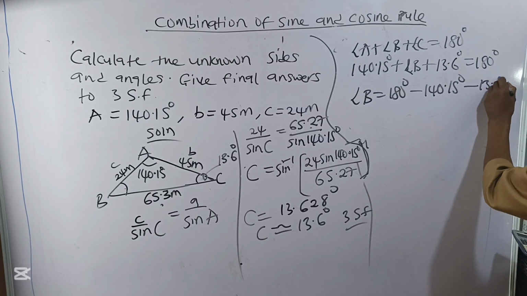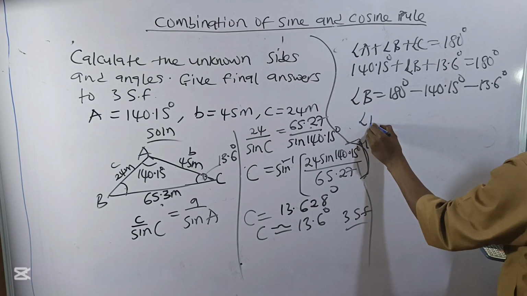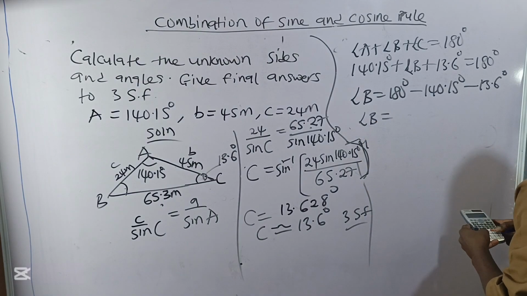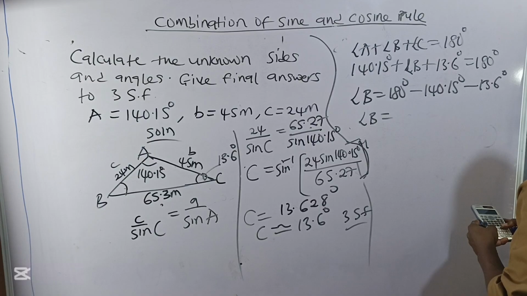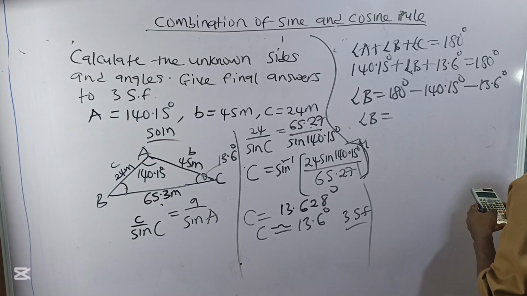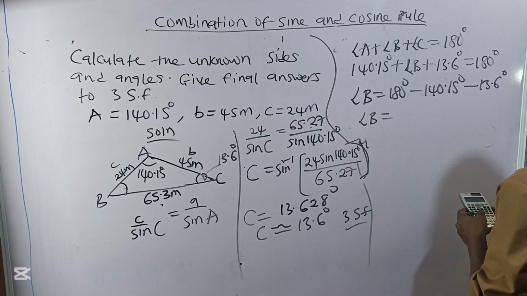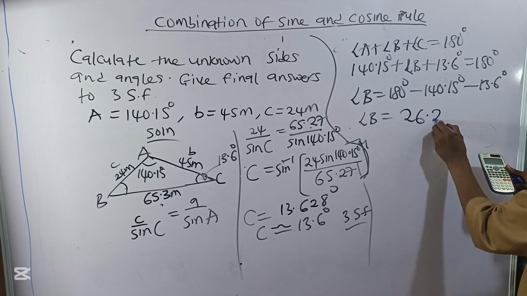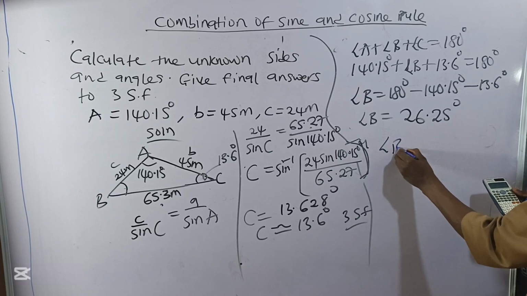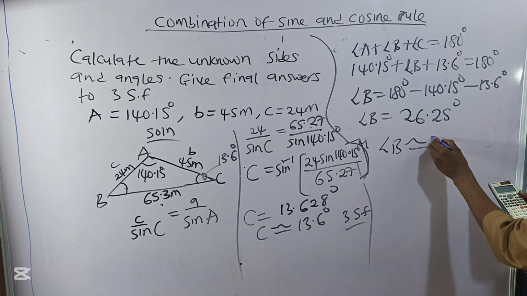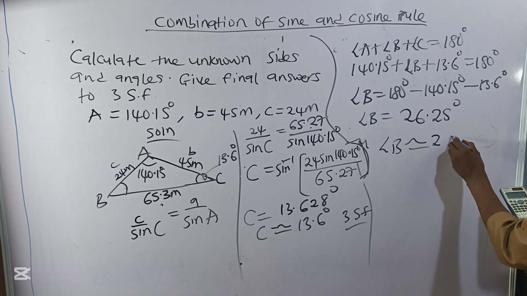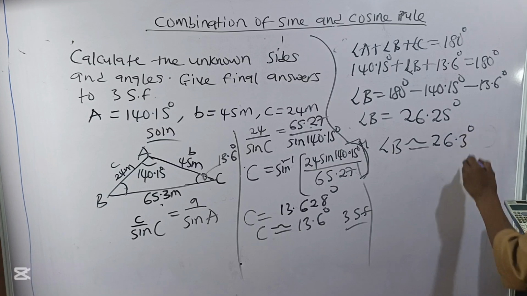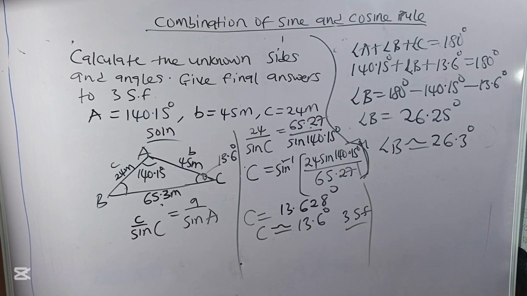minus 13.6 degrees. And my angle B will be equal to 180 minus 140.15 minus 13.6, giving me 26.25 degrees. So angle B is approximately equal to 26.3 degrees, and this is my answer.